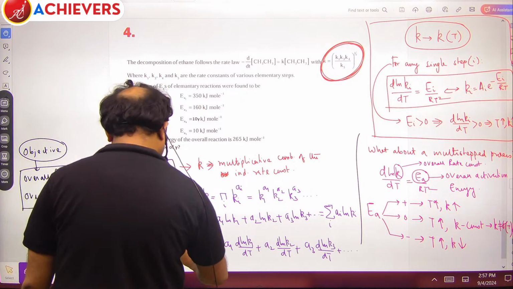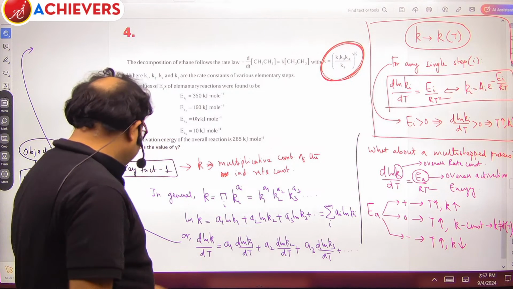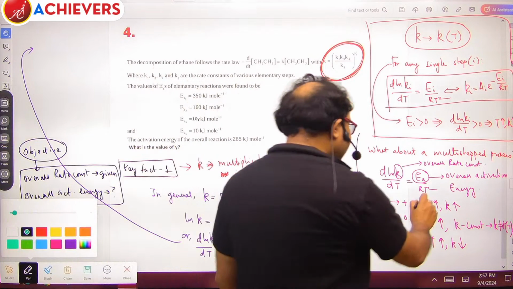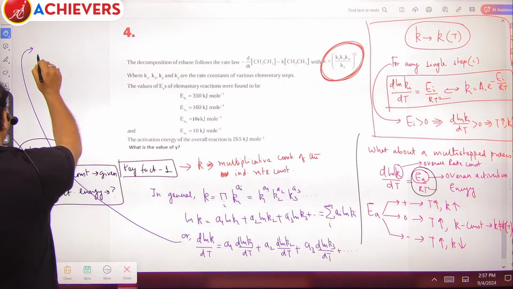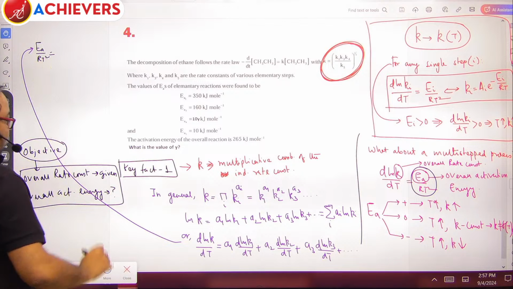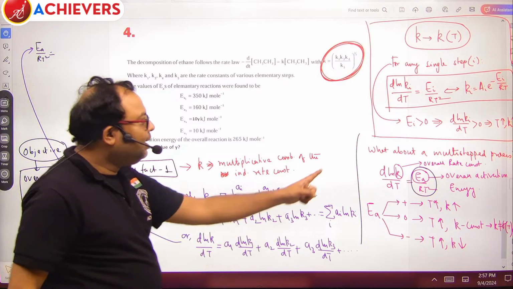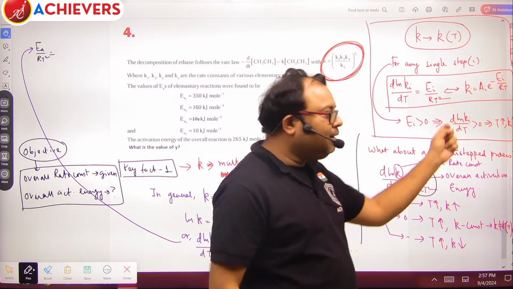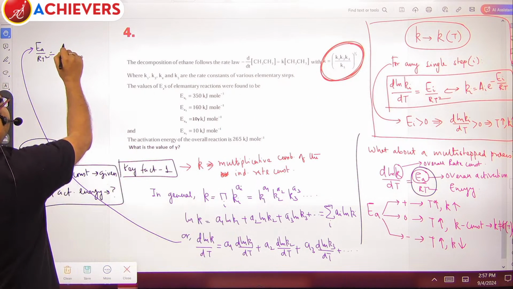Now the final step, you see. What is dln k/dT? dln k/dT is Ea by RT square. So write Ea by RT square for dln k/dT. What is dlnK1/dT? dln Ki/dT is Ei by RT square. Here i is 1, so it becomes E1 by RT square, and there is a coefficient A1.